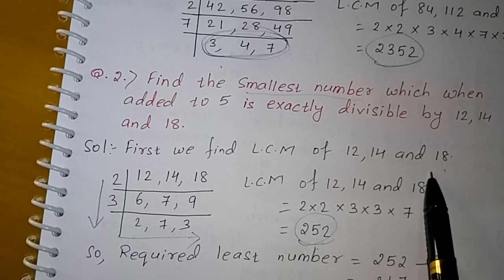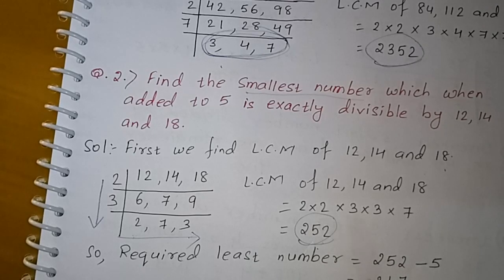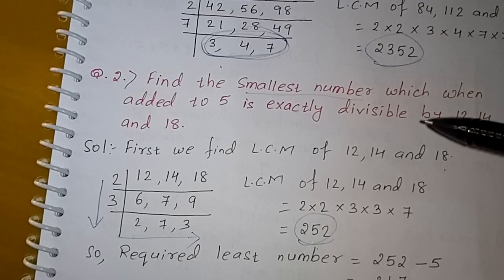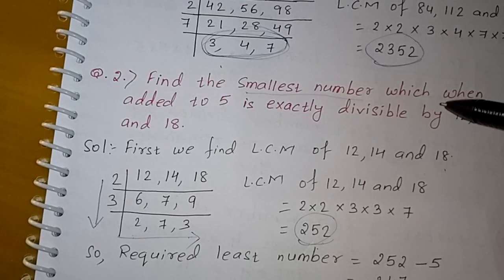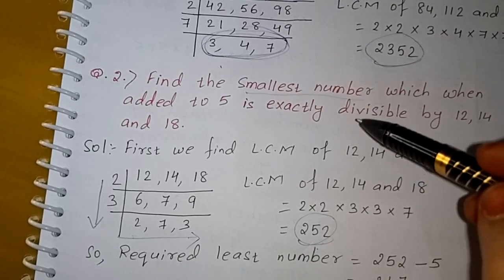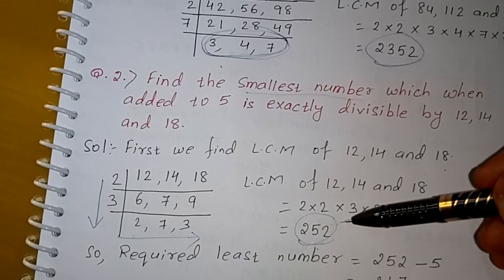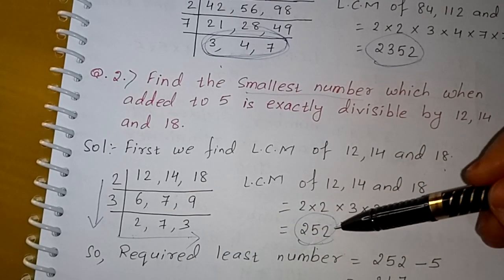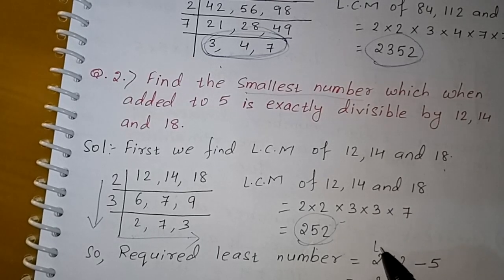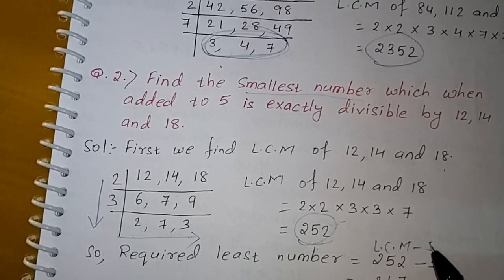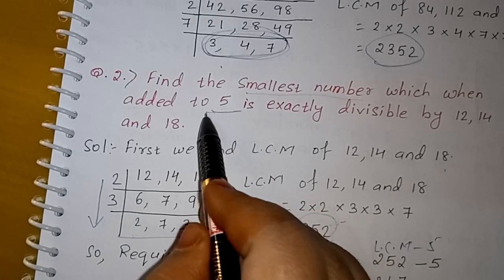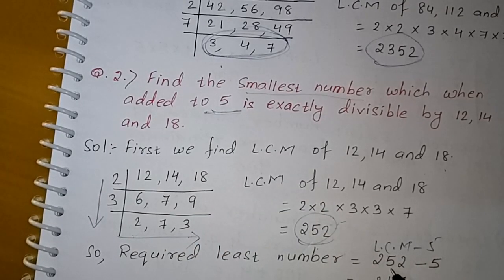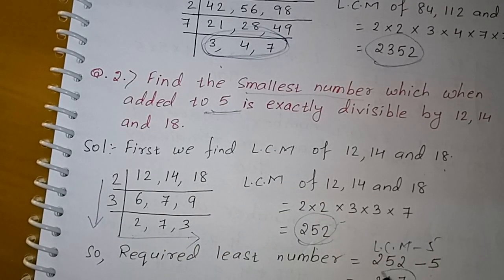and 18 exactly. But what is your question? Your question is, you have to find the smallest number which when added to 5 becomes this much LCM. So the required least number is equal to the LCM minus 5, that is 252 minus 5, which is 247.